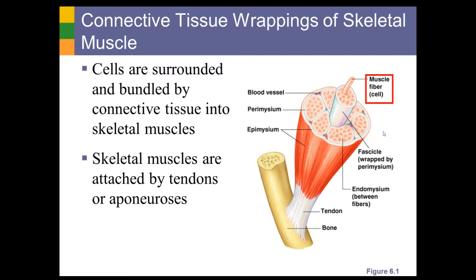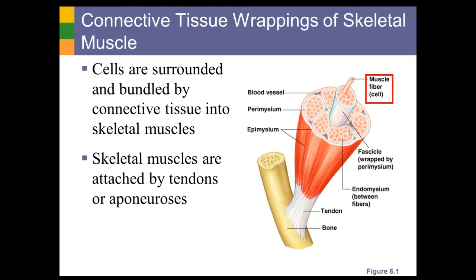Well, it's basically skeletal muscle fibers wrapped in various layers of connective tissue. And then that skeletal muscle, or the organ, is attached to a bone or sometimes cartilage by a tendon or a flat structure called an aponeurosis. And we'll talk about the difference between a tendon and an aponeurosis shortly.